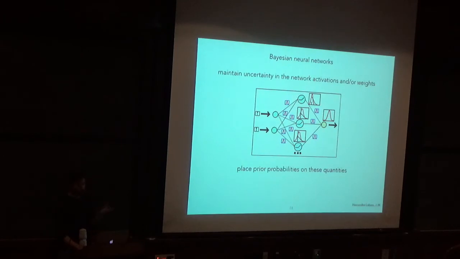So we have these prior probabilities on various quantities, and this can hopefully prevent overfitting in the low density data regions. If you've never seen an example before, you don't want to output just a point estimate. You want to say, okay, here's my estimate, but there's a high variance to what that estimate actually is because my weights have some uncertainty associated with them.